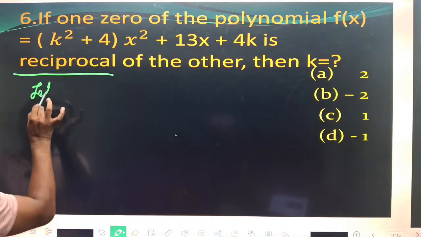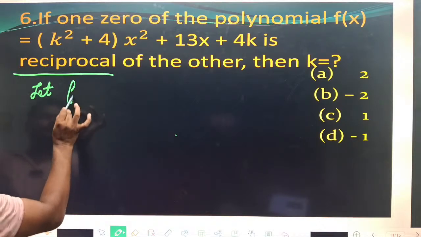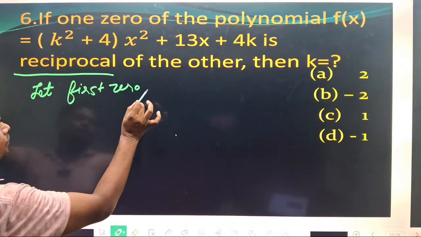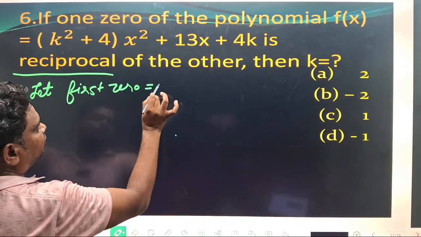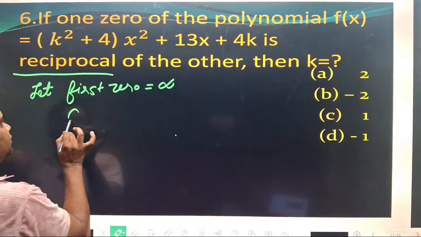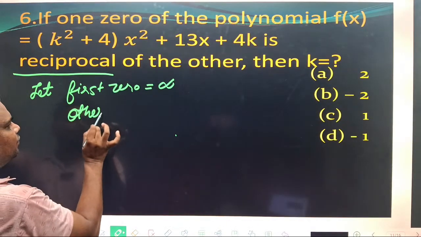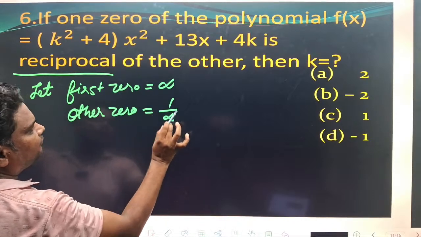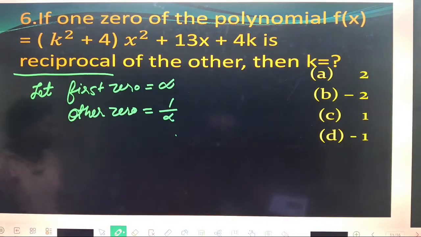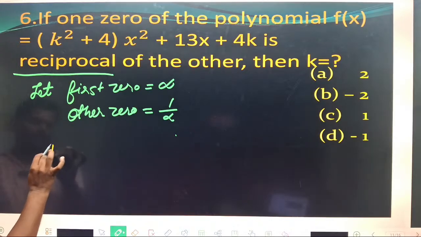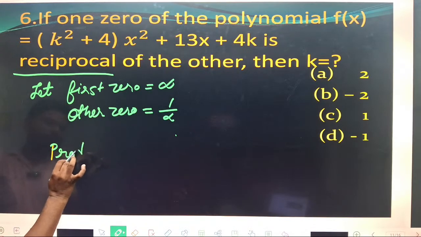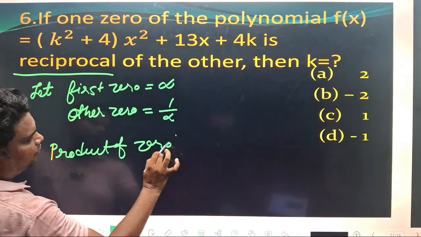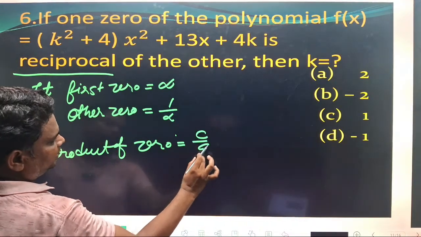Let the first zero be alpha, and the other zero, its reciprocal, 1 upon alpha. Now the product of zeros is equal to c by a.